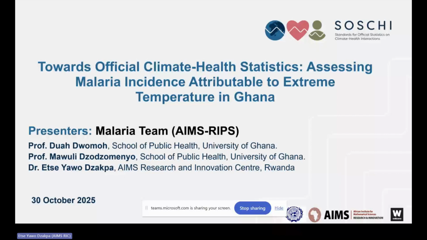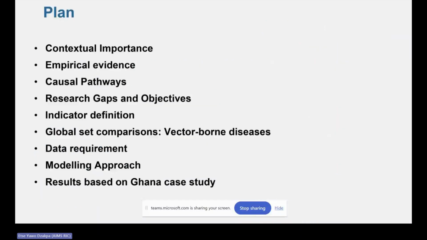So quickly, what we are going to discuss this evening will be around the conceptual importance of climate and health statistics, basically on the malaria topic. We'll be screening some empirical evidence and what has been done so far on this topic.